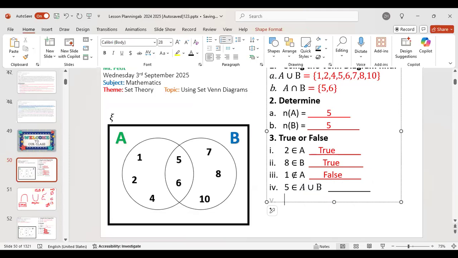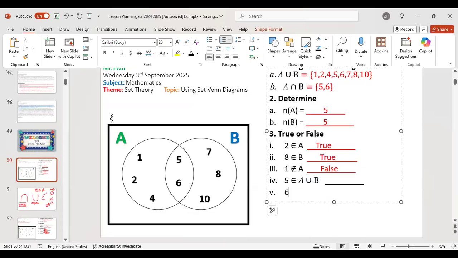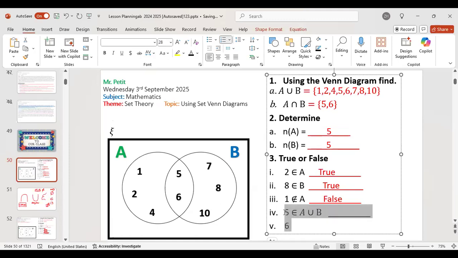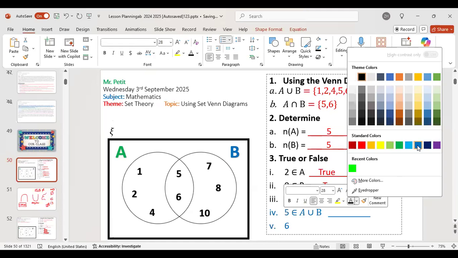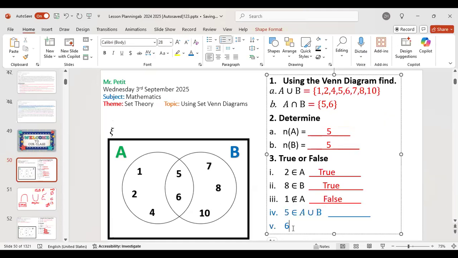True. One more question before I go. So 5 and 6, I'm going to put them in purple. These are like bonus questions. Put your answer inside the chat. Top 10 will be recognized. So these two are the bonus ones.